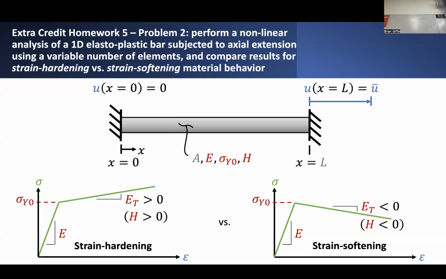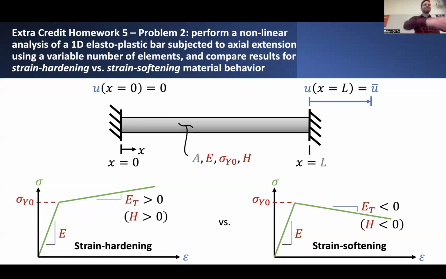That is, it's decreasing as you continue to increase the amount of strain in the material. And what I want you to observe in doing these analyses, running this problem with either of those two material behaviors and with variable numbers of elements, is to comment on the potential issues that you see, if you see any, particularly as it pertains to strain softening.